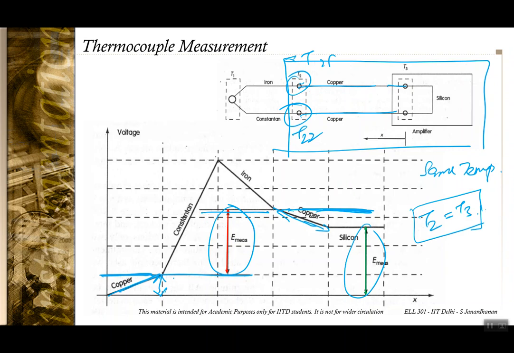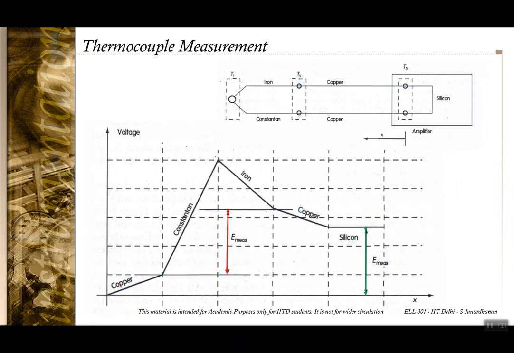Or an alternate to that, which may sound simpler, however it may be really costly, is to do this. So instead of having copper here, use iron, and here instead of copper you use constantan.